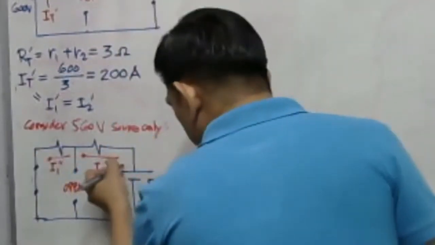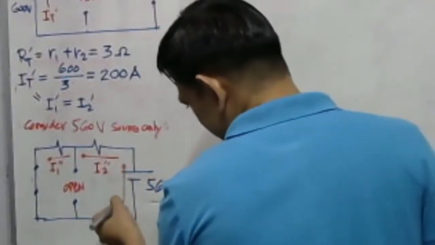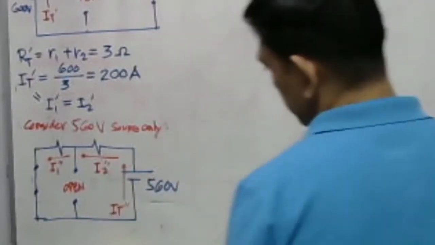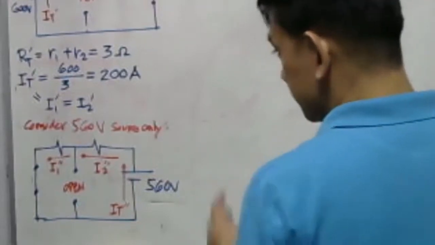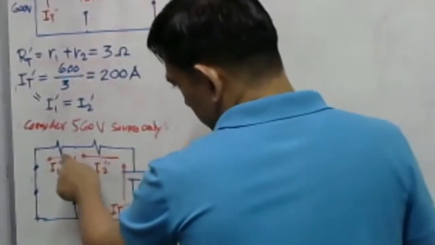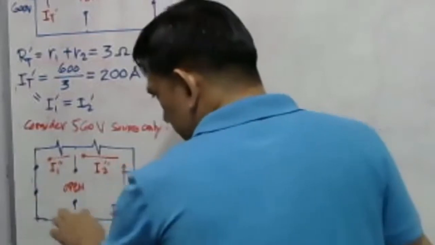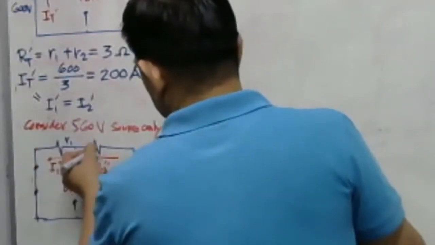Then, the current that will be delivered by the 560 volt source is our I total double prime. Okay? Which is, take note, again, since this is open circuited, just like removing this conductor, there's only one circuit here, a series circuit. Okay?